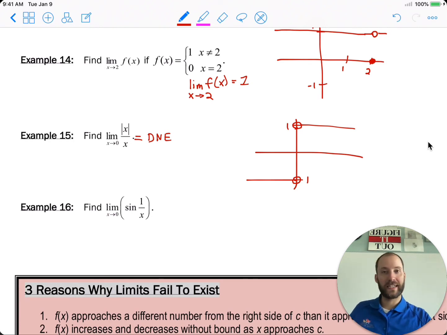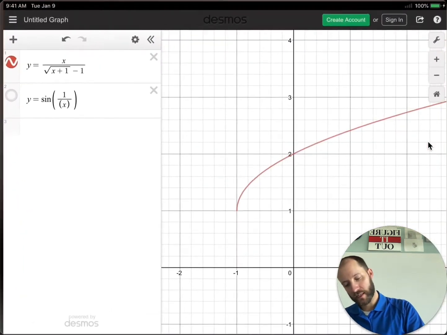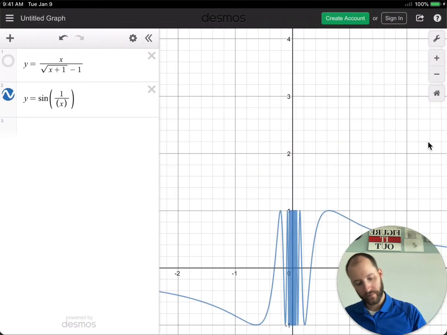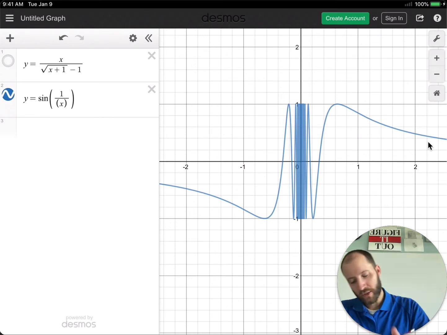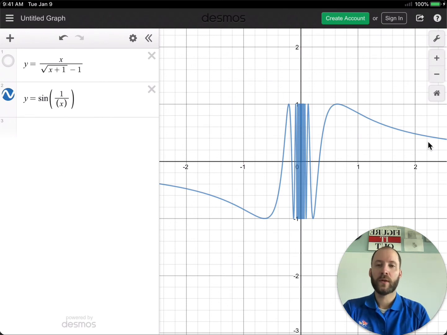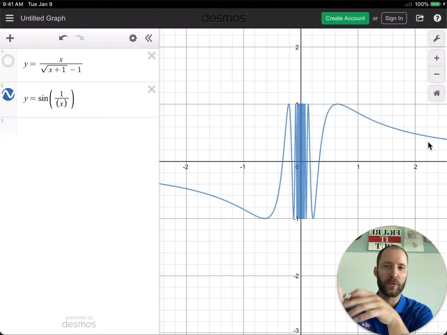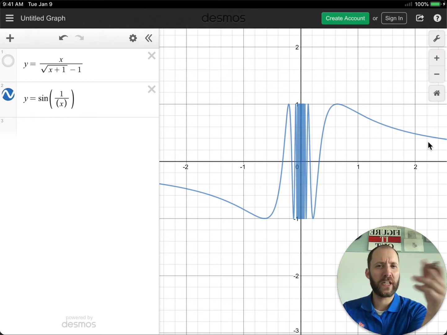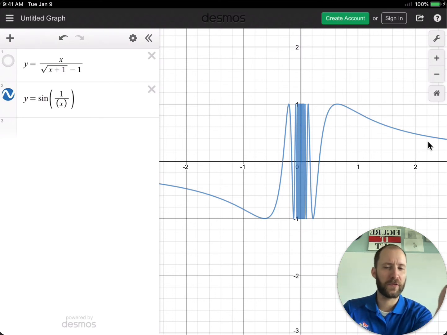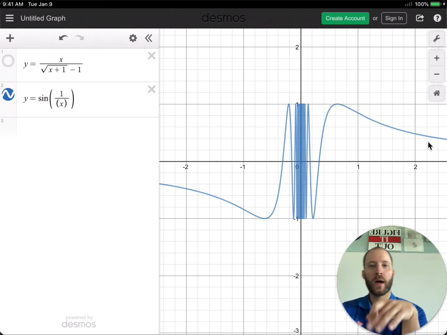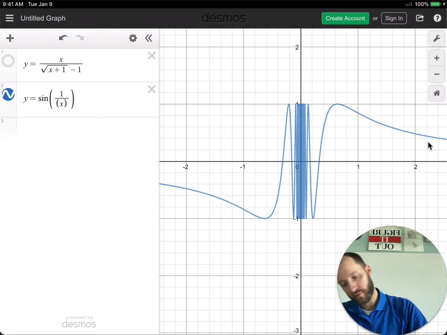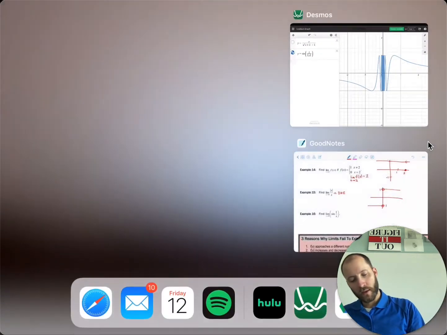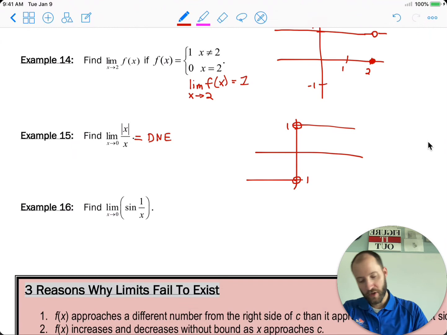For example 16, I have a graph of that. It's kind of a mess, alright? So as we come in from the left, we see it goes down, then it comes up, then it kind of freaks out. It eventually recovers, goes down to -1, up to 1, then kind of flattens out and goes off towards x approaching infinity. But we have that kind of crazy behavior.